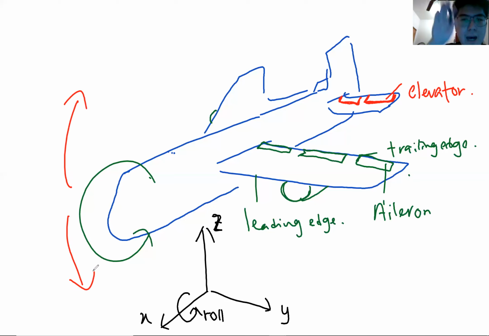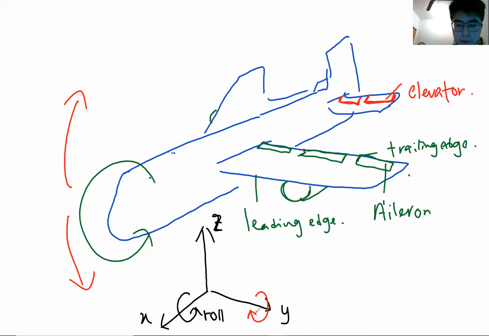You pitch your nose up or you pitch your nose down. That is called the pitching motion. Okay, so pitching motion is around the y-axis, the rotation around the y-axis, right? You can somehow imagine that elevator.